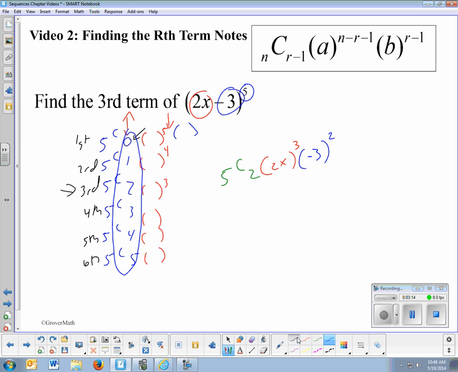Now where we need to really be careful with this, and I mentioned this in the past, is that this is very similar to binomial probability. Remember the probability of something happening at least 3 out of 5 times. The thing I always told you about that was that this and your first exponent always match in binomial probability. This is not binomial probability.